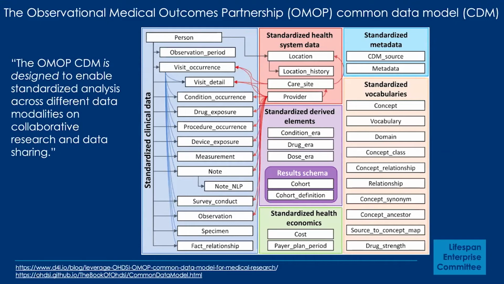The OMOP common data model is designed to enable standardized analysis across different data modalities, really allowing for collaborative research and data sharing. If everyone agrees on this common data model, then we have essentially pre-harmonized our data and we can share it across data sources. An important part of the OMOP model as well is that there's a relationship across each of these variables.